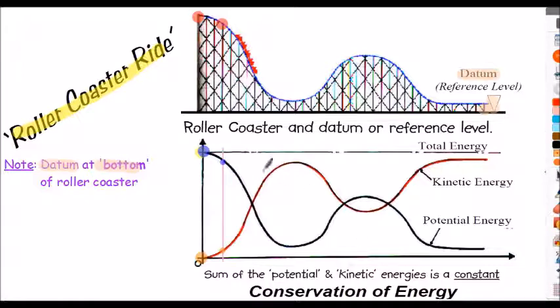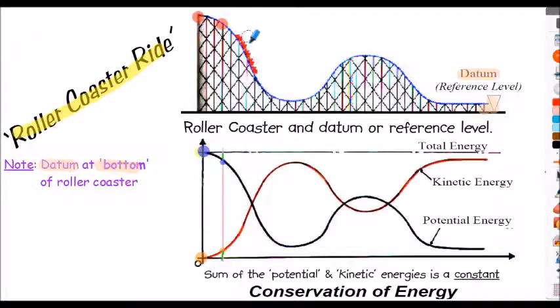If I now draw a line through this particular position on the roller coaster ride on my energy diagram here, so if I add this small portion of kinetic energy I have here on top of the potential energy I have here, I can see I'll get back to the original potential energy I had in the system.